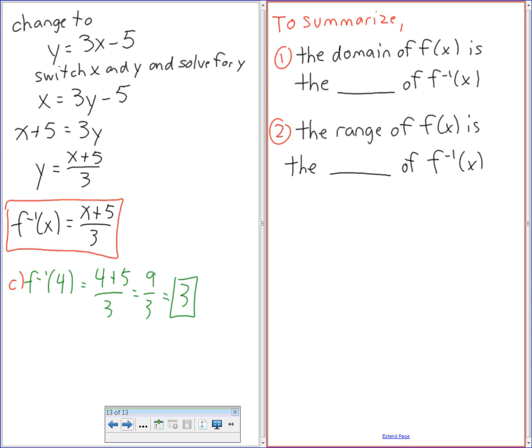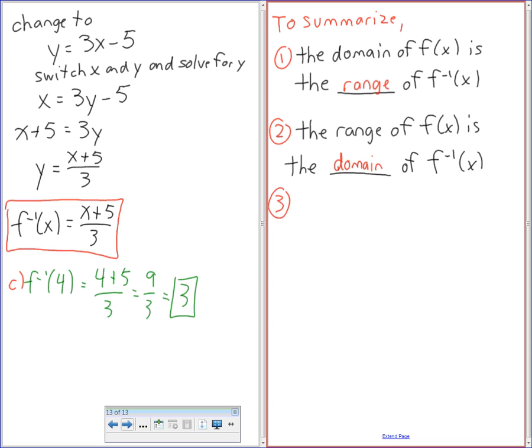The reason is because the x's and the y's are switched. The x values of the one graph are going to be the y values of the inverse, and the y values of the first graph are going to be the x values of the second. Do we get that logic? Because that is the most important thing when I'm teaching you today. Domain and range isn't thrilling, but unfortunately it's the entire course.